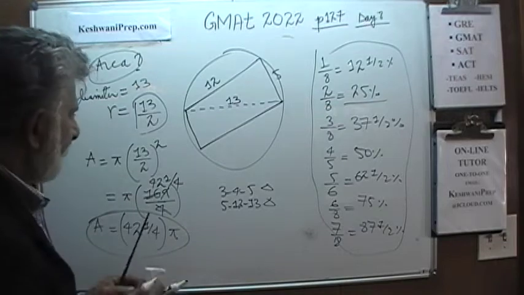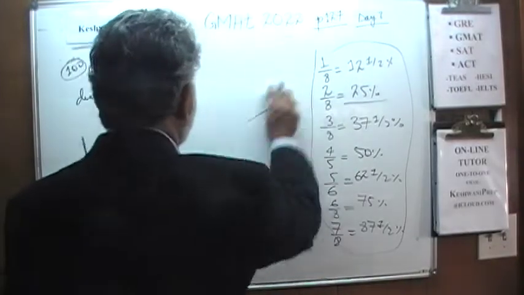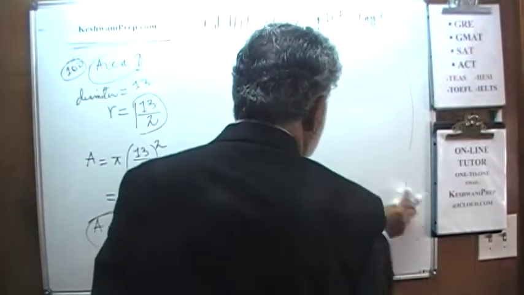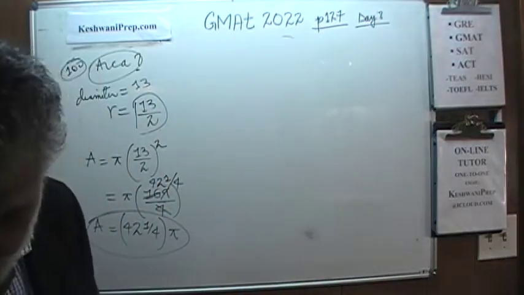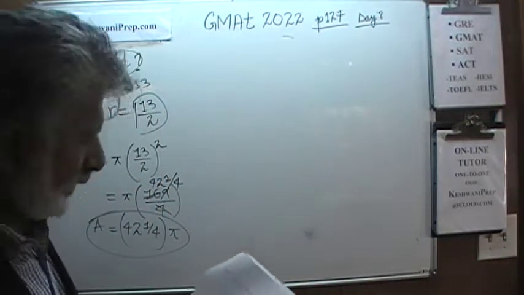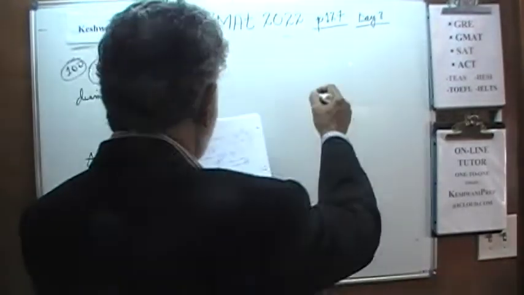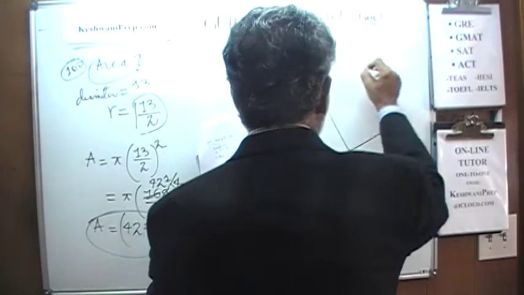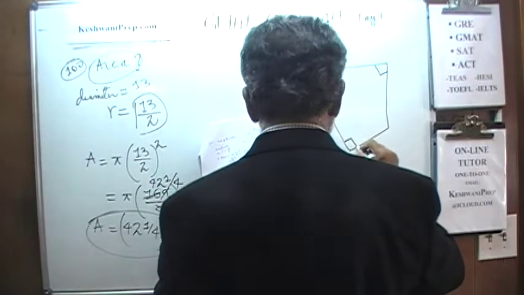Number 101. And that is also a geometry problem. Here we are given a picture, a quadrilateral that looks something like this. We are told that this is a right angle, we are told this is a right angle.